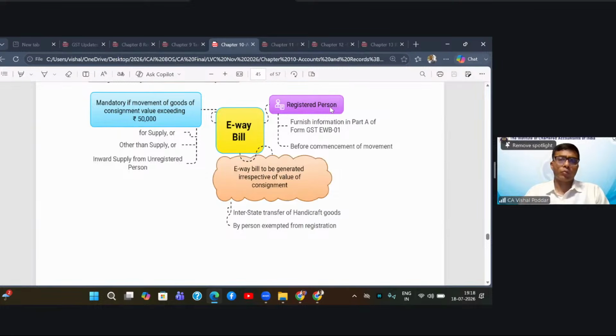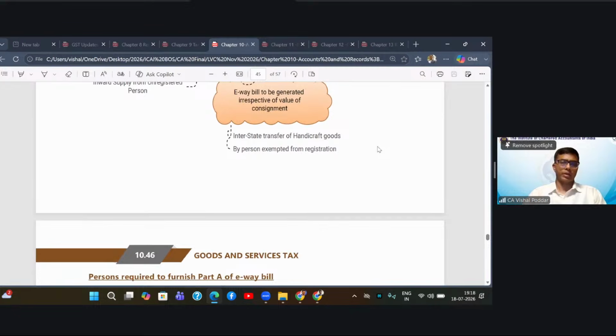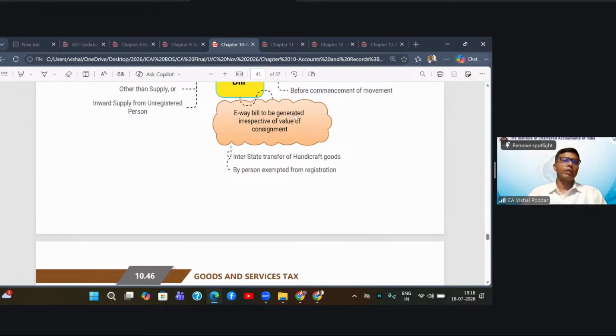Next. Now, whenever an e-way bill has to be generated, in such cases, the registered person will go to the e-way bill portal and furnish the information in part A of the e-way bill, which is EWB 01, and this should be done before the commencement of movement. Very important point, e-way bills have to be generated even though your value is not exceeding 50,000.